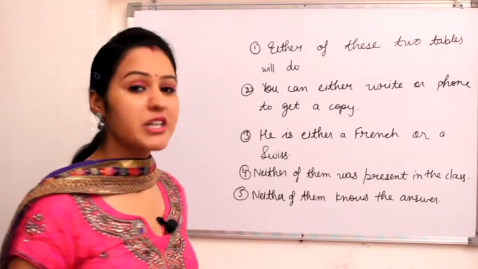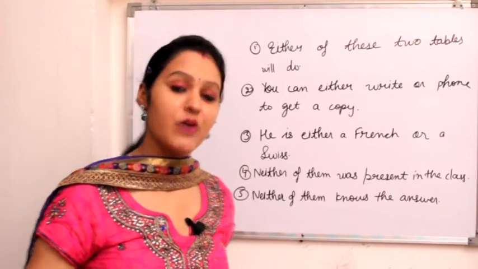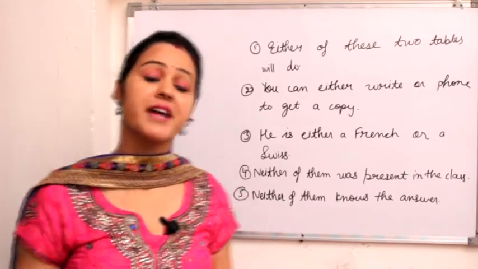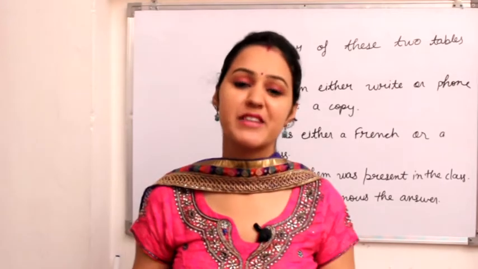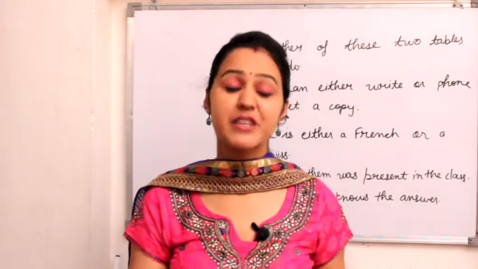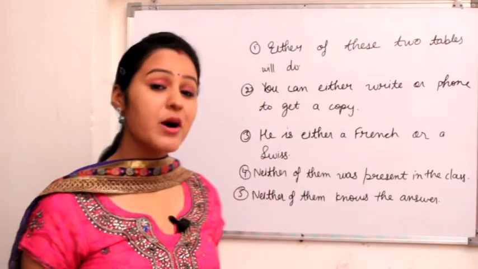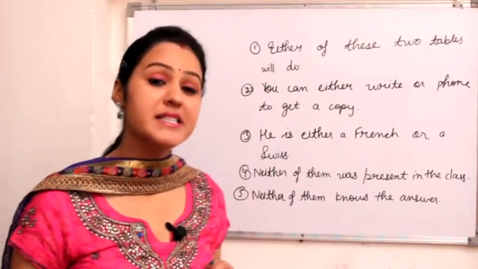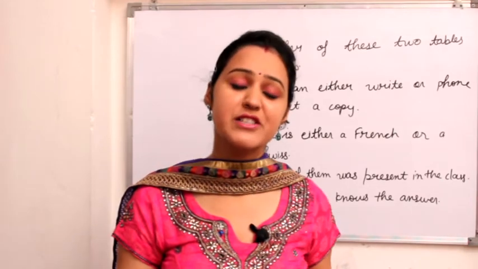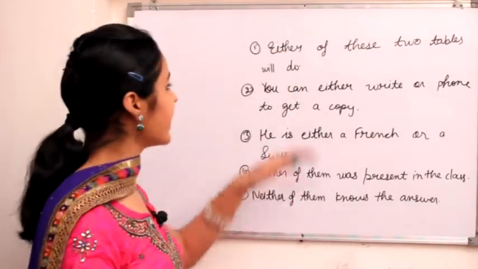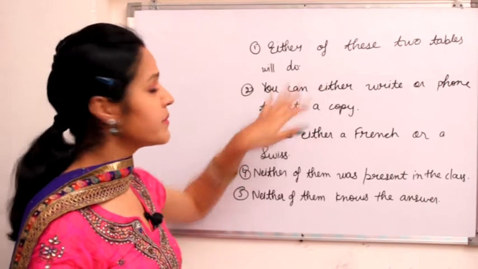So this is about either or and neither nor. When you're talking about either or, it means that it must be in the positive form. And if you're talking about neither nor, it means that it must be in the negative form.